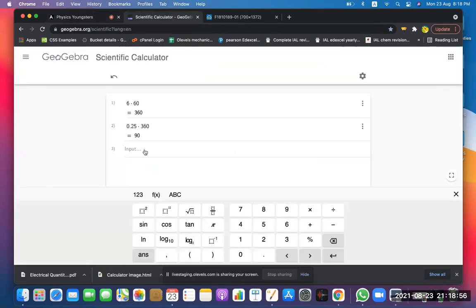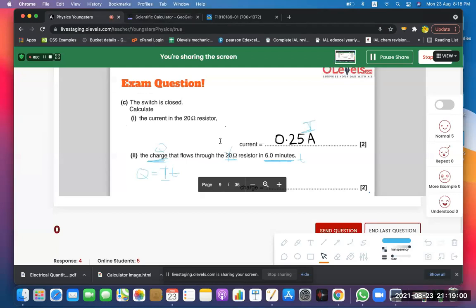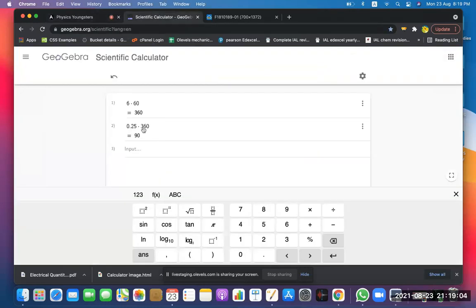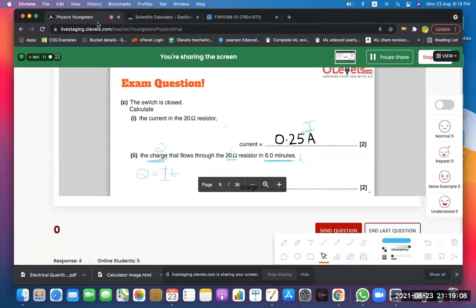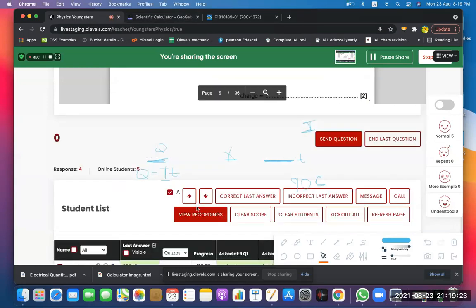So 0.25 multiplied by 360, I got 90 coulombs. So my final answer should be 90 coulombs. Now let's see who got the correct answer and who has shown the correct calculations.